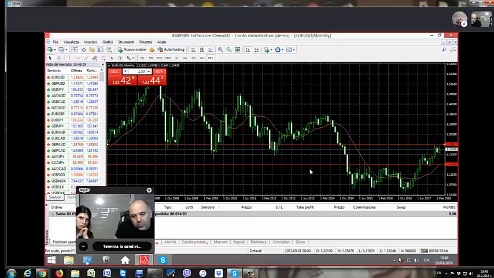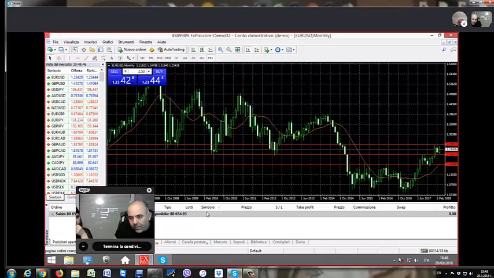No diagonal. We don't need the diagonal. On the monthly, bias remains up till 1.21. Take a look at the price.